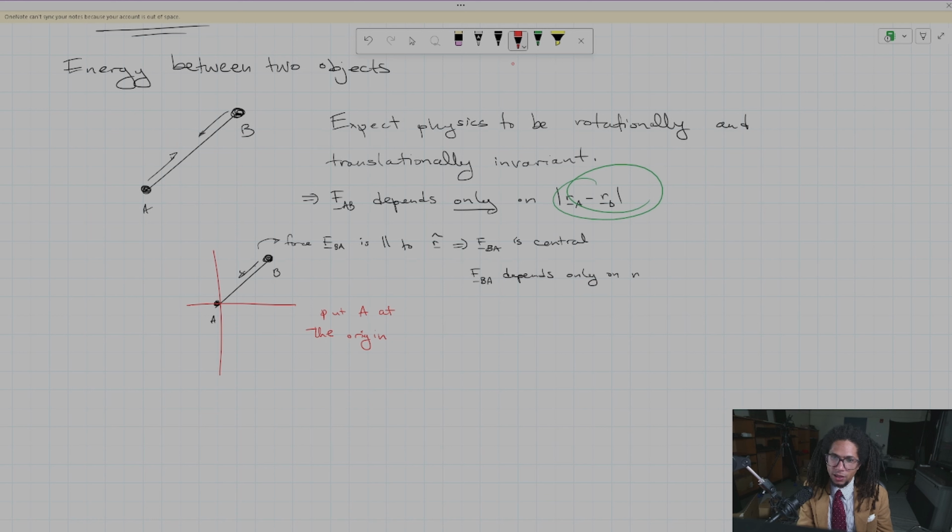So it depends only on this distance, R. But that means FBA is conservative. Okay, great. So if we have a central force between two objects A and B, and we have translational and rotational invariance in our physics, then the force between them is also necessarily conservative.